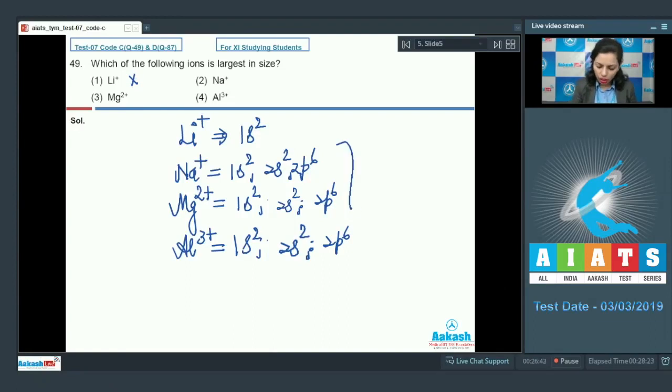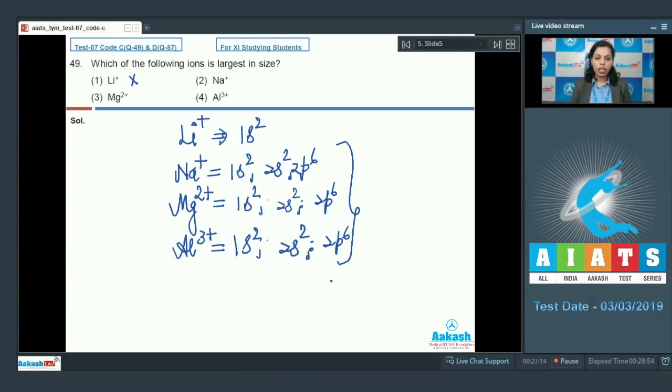Now if I talk about these species, in all of them there are the equal number of electrons. These are isoelectronic species, and in such case we can consider the size with the help of nuclear charge present on them. If I talk about sodium ion, 1 positive charge is there, while in case of magnesium ion there are 2 positive charges, and in case of aluminium ion there is 3 positive charges. Maximum nuclear charge is there with aluminium. That's why among all these species, in these isoelectronic species, the smallest size is there with aluminium ion.